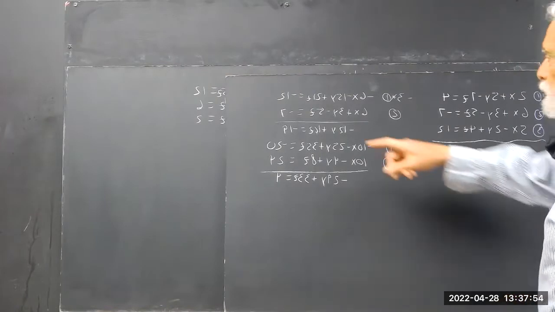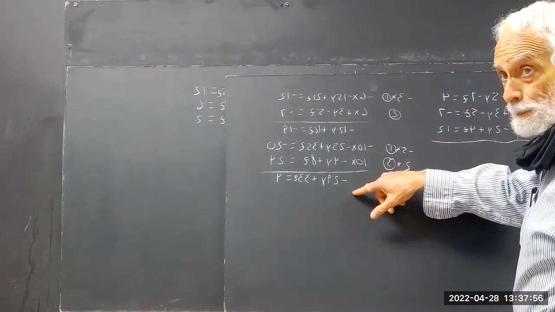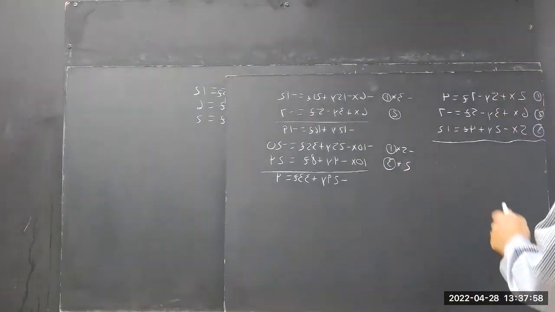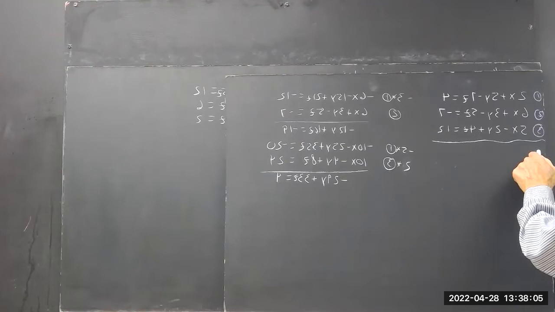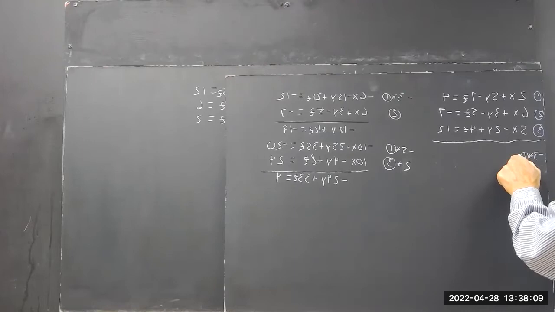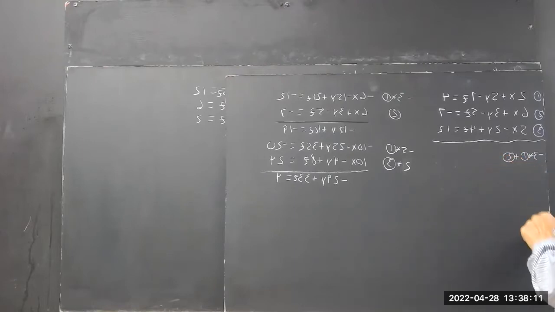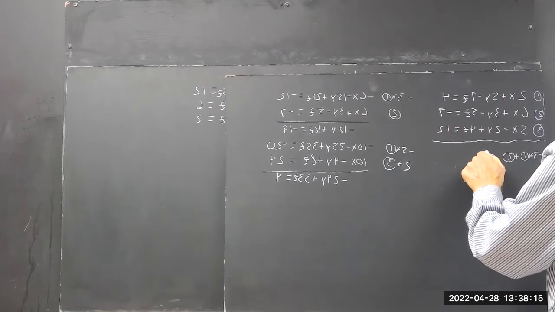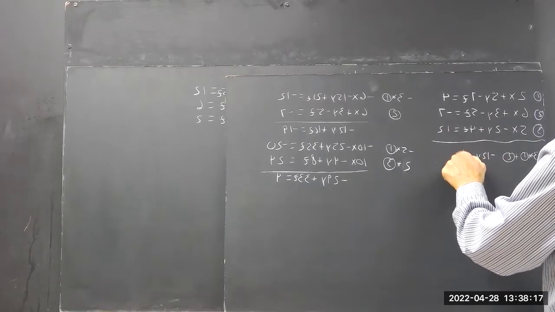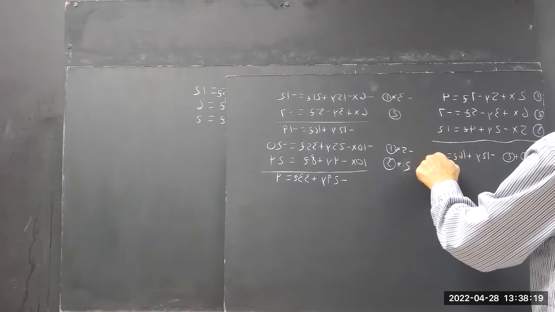So now I've got a system of 2 equations. Negative 3 times equation 1 plus equation 2 gives me negative 12y plus 16z equals negative 19.